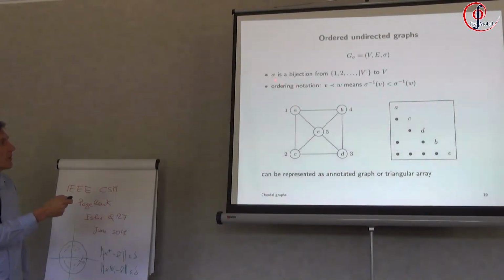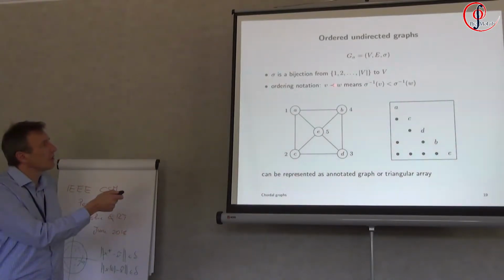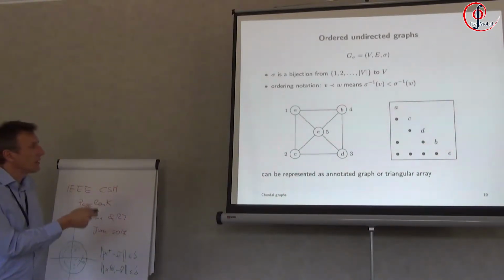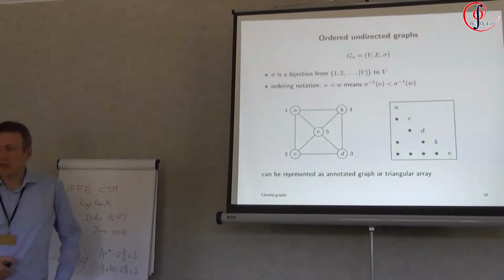So you specify an ordering, so a bijection from the indices 1 to n, if there are n vertices, to the vertex set. So you give every vertex a number, and that's an ordered undirected graph. And often we'll write this notation: V precedes W if it has a lower number than W. So you can represent an ordered undirected graph just by adding the indices.